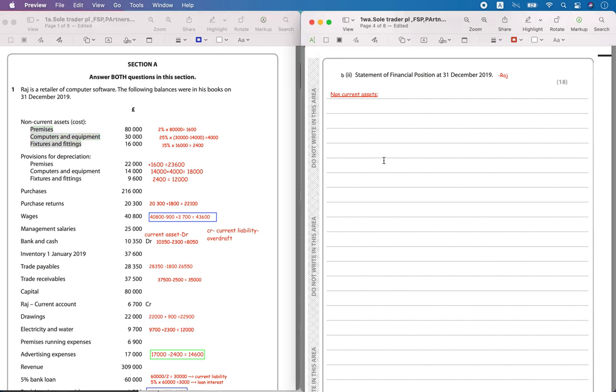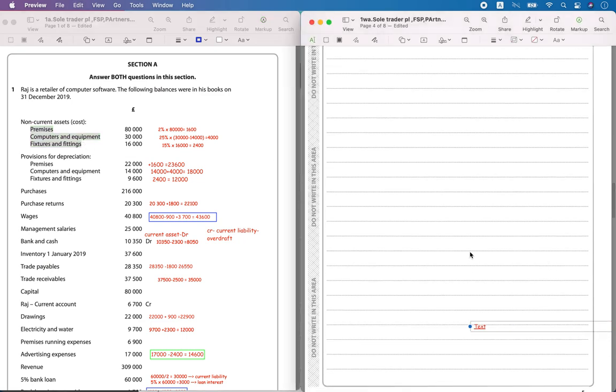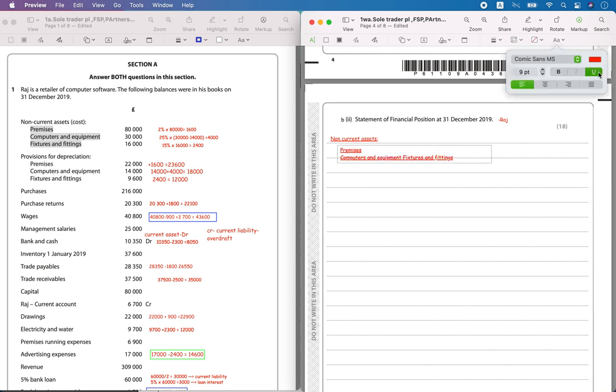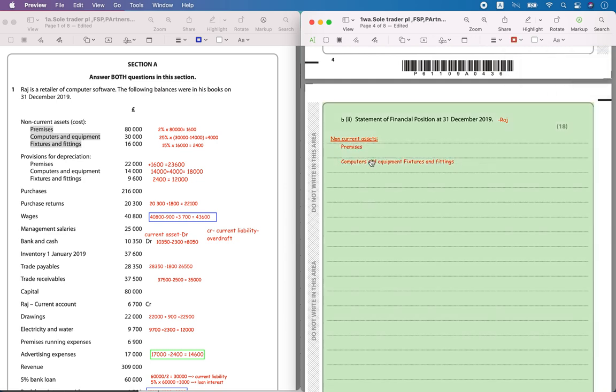The three non-current assets are premises, computer and equipment, and fixtures and fittings. So let's put them. So there is premises, computers and equipment, and then we have the fixtures and fittings.